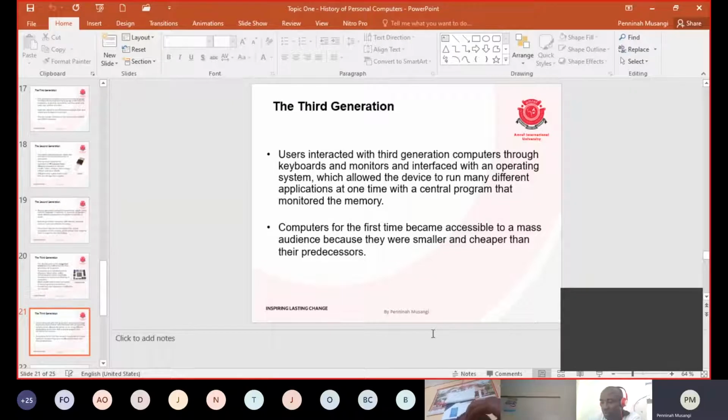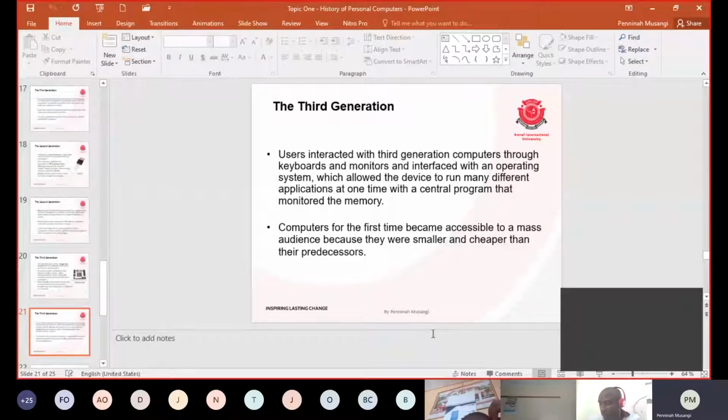So remember in the first and the second, we talked about input by punched cards. Here we are seeing that being replaced by keyboards. We talked about output by printouts. Here we are seeing that being replaced by monitors. So it was in the third generation where computers could use keyboards and monitors.